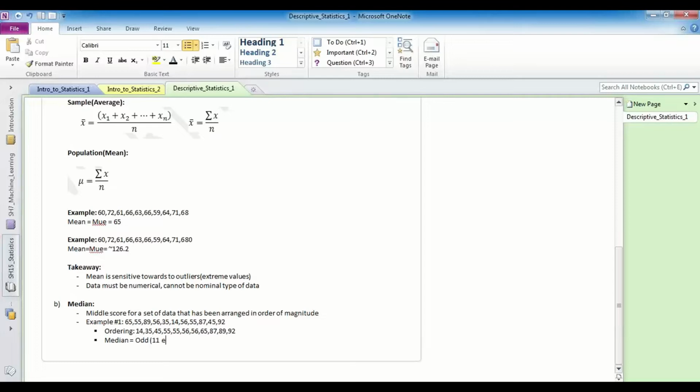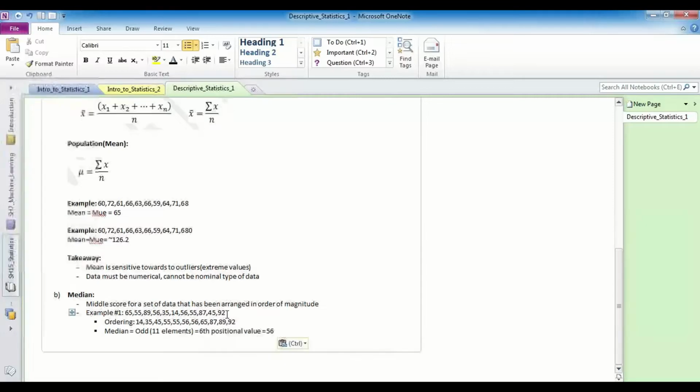Since this is an odd number, what is the beauty of it? I can just pick the middlemost positional value. Guys, what is the middlemost position in 11? 6. The sixth positional value is the middlemost value, which is nothing but my 56. 1, 2, 3, 4, 5, 6. So this is the middlemost number, which I call the median.